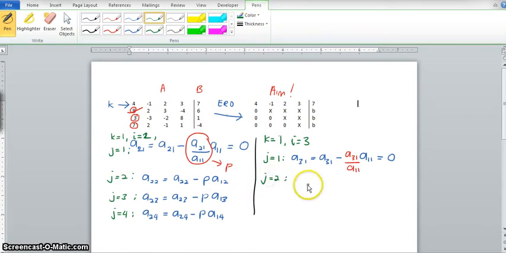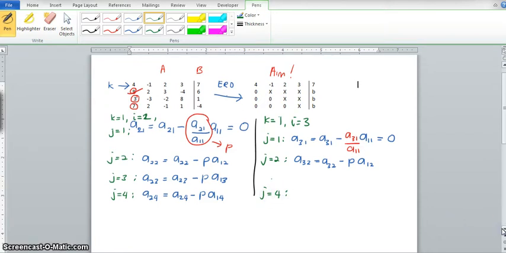So for j equals to 2, we get A32 equals to A32 minus P times A12. So we do the same thing for j until j equals to 4.